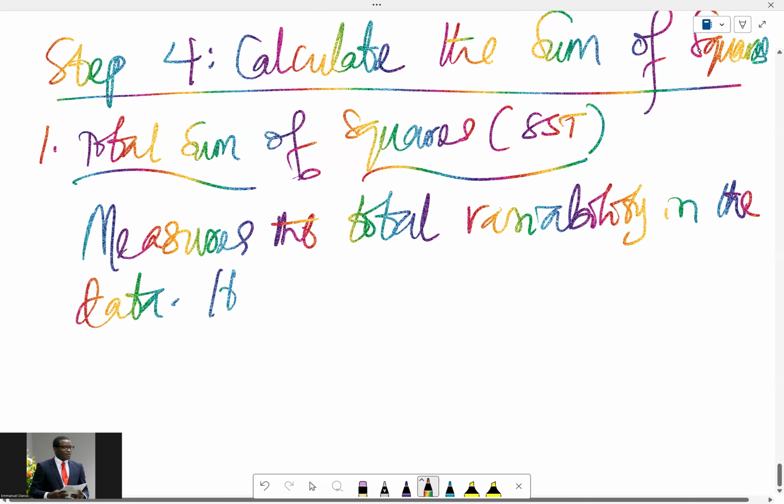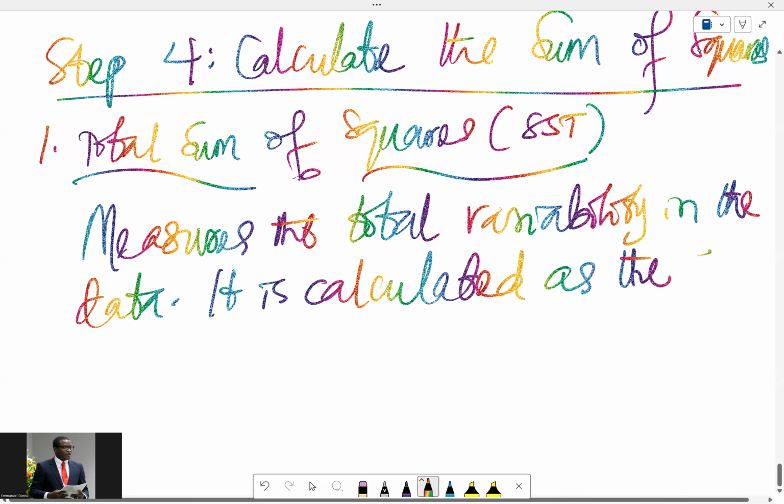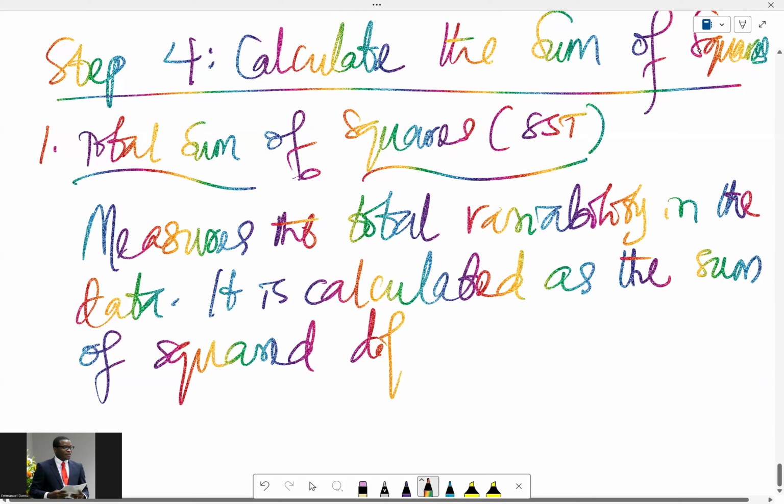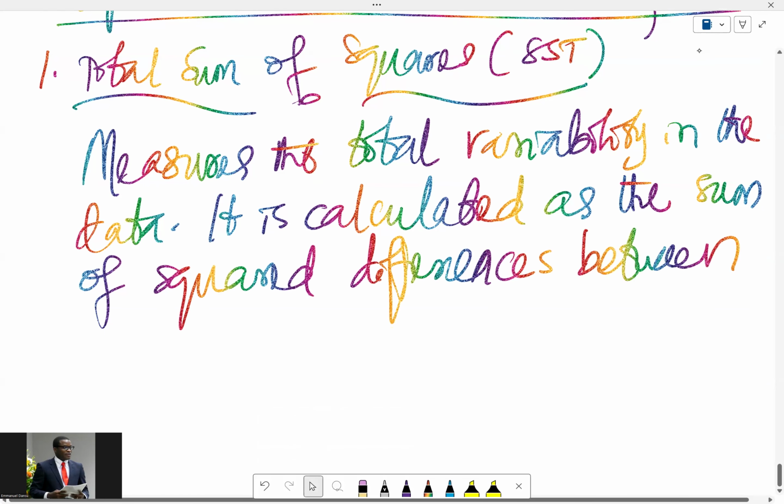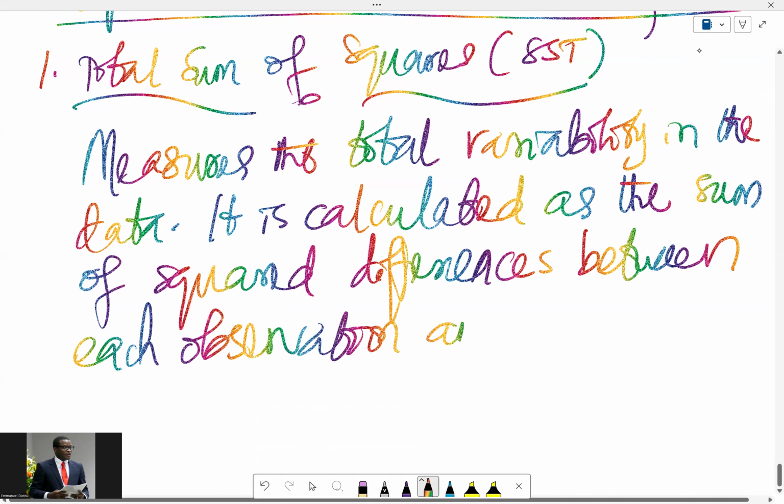It is calculated as the sum of squared differences between each observation and the overall mean.